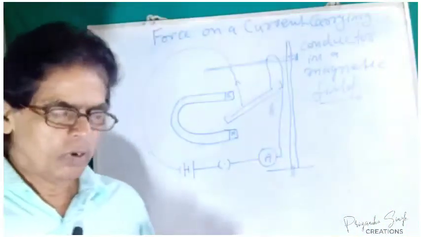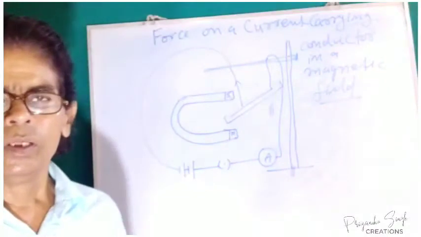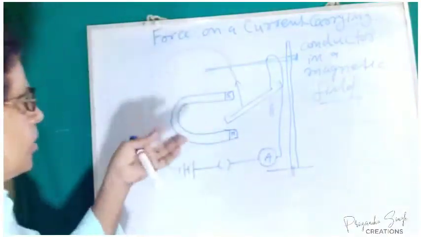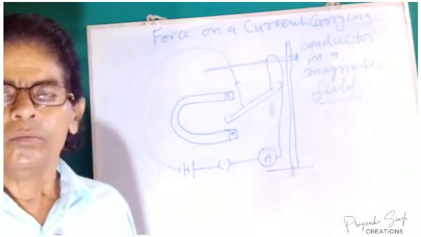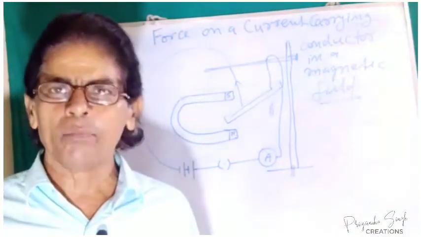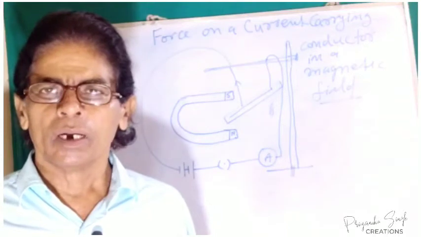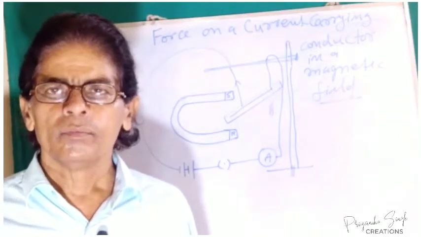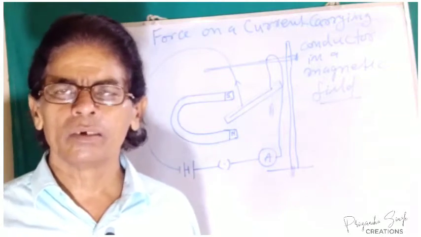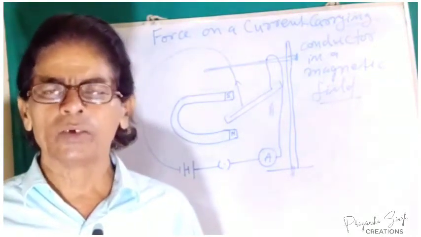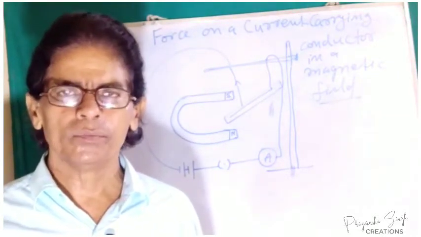We have discussed the magnetic effect of electric current in the previous video. When electric current passes through a conductor like a copper wire or any other conductor, it creates a magnetic field around it.